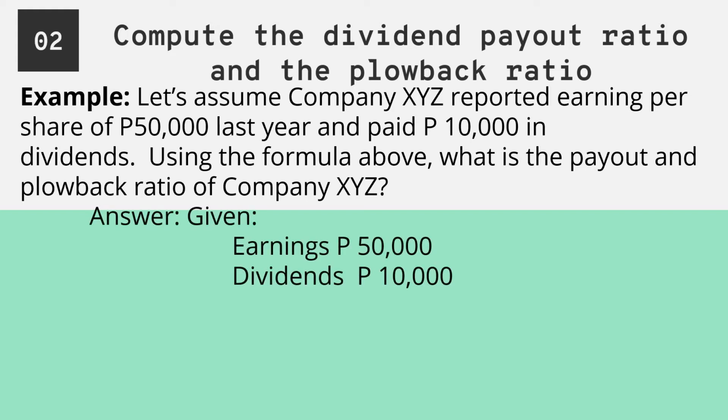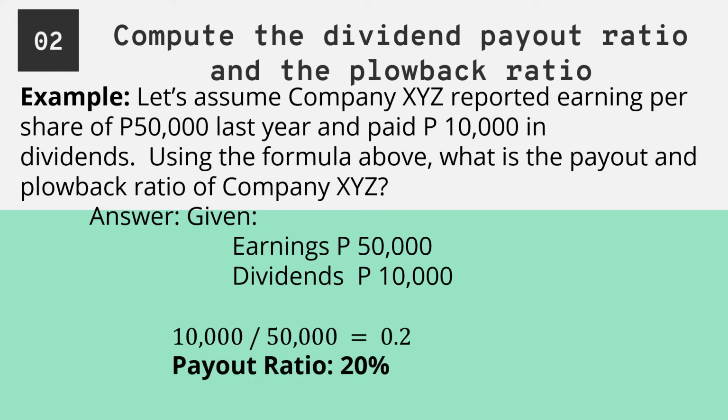The answer will be, since the given are the earnings of 50,000 pesos and dividends of 10,000 pesos, and we'll use the formula dividends divided by net income, we'll have 10,000 pesos divided by 50,000 pesos is equal to 0.2 times 100, then we'll have a payout ratio of 20%. And to make this 100% for the plowback ratio, it's 100 minus 20%, which will get 80% plowback ratio.